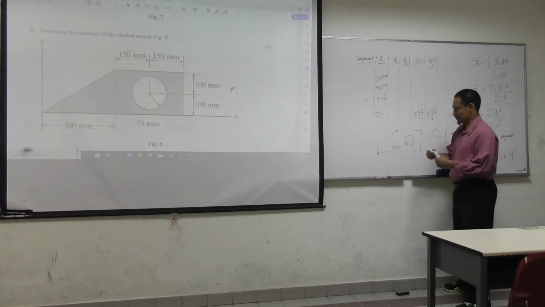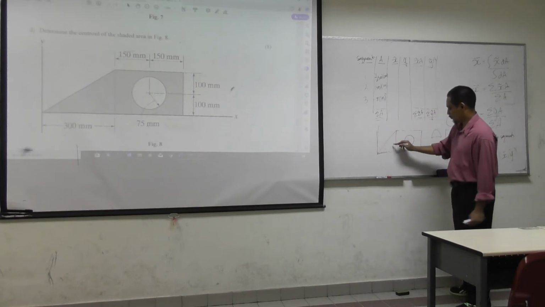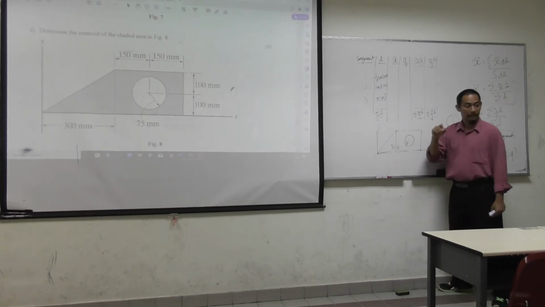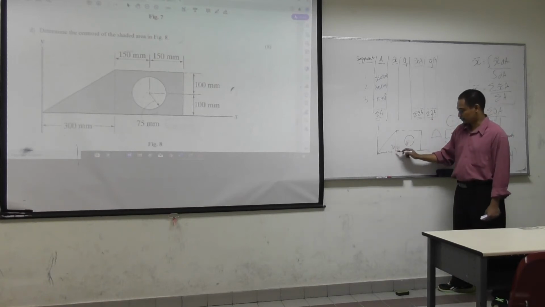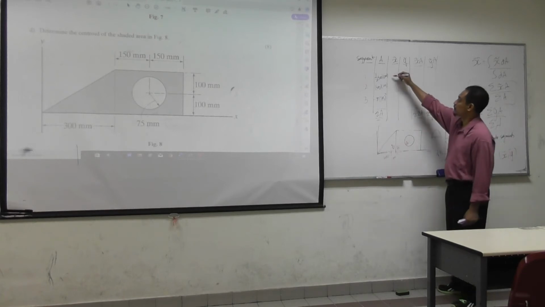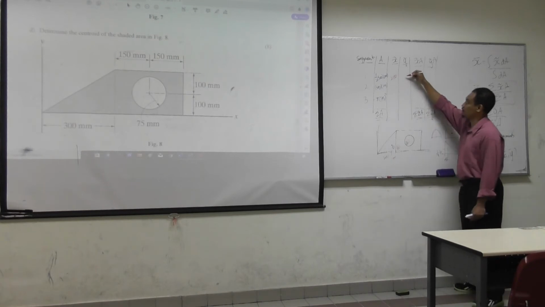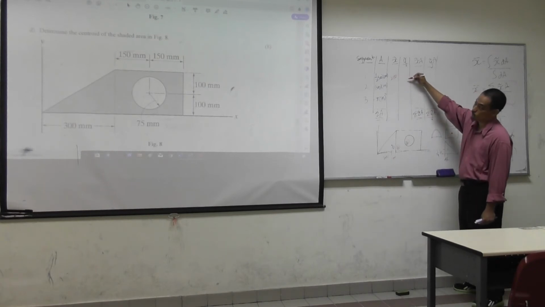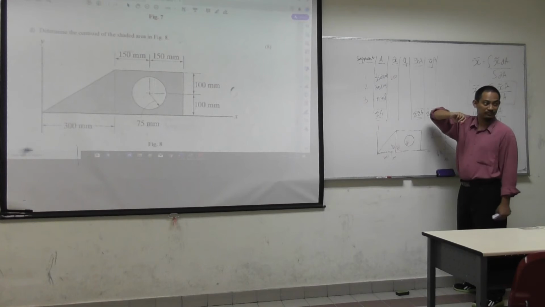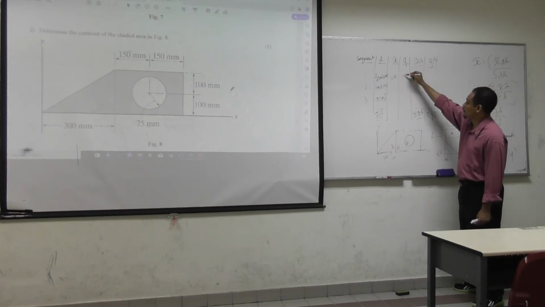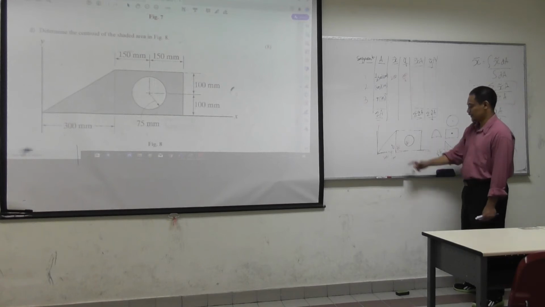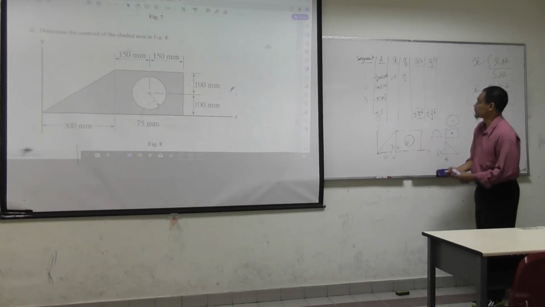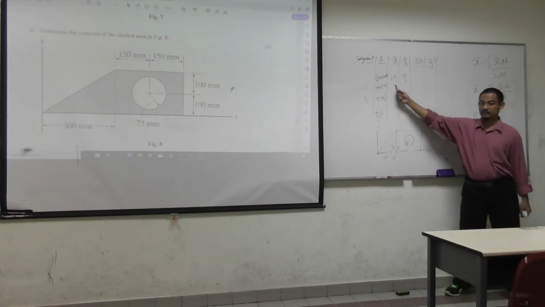From this axis, this point here, what is the coordinate? Of course you know this is 100, this is 200, but the coordinate of x is 200. What about the coordinate of y bar? It's 1/3 times the height of 200. Any question here? Do you understand?